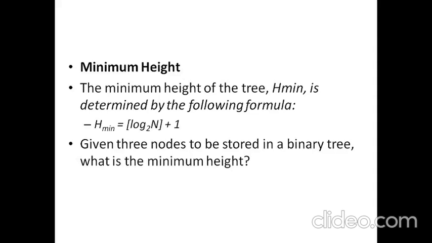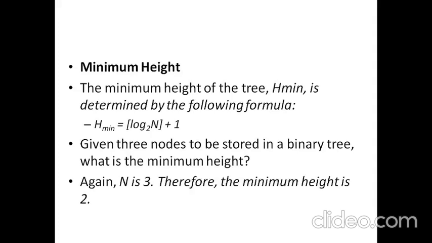Given 3 nodes to be stored in a binary tree, then what is the minimum height? You just substitute the value 3 into that formula and calculate log 2 3. n is 3, and when you substitute this value into that formula, you will be getting 1 point something, and when you take the integer part of it, it will be resulting in 1 and then plus 1.